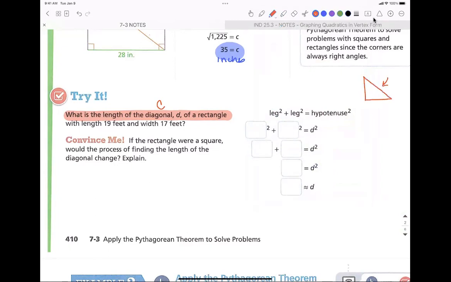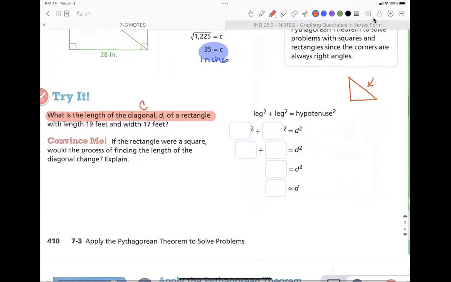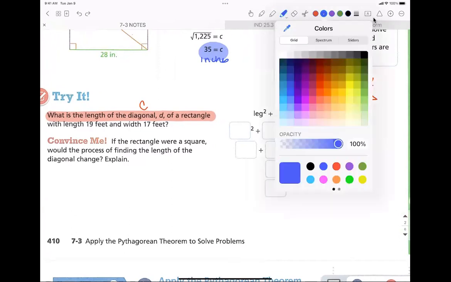If it was a whole box, because with the triangle, it's half of a box, that hypotenuse is the diagonal from one corner to the other. So when you see diagonal, think hypotenuse. So when it says, what is the diagonal? You got to think, what is the hypotenuse? Which means the other two that they give you are the legs.